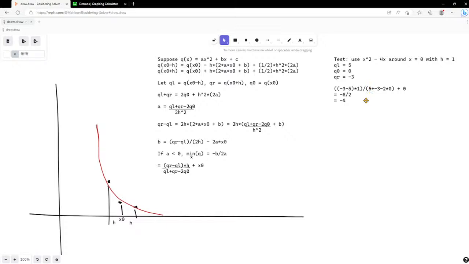Oh, I think I'm missing a minus sign. Anyway, let's try that again there. So if I add these two equations, I get 2q naught plus h squared times 2a. That is correct. So a is equal to ql plus qr minus 2q naught over 2h squared. That much is fine.